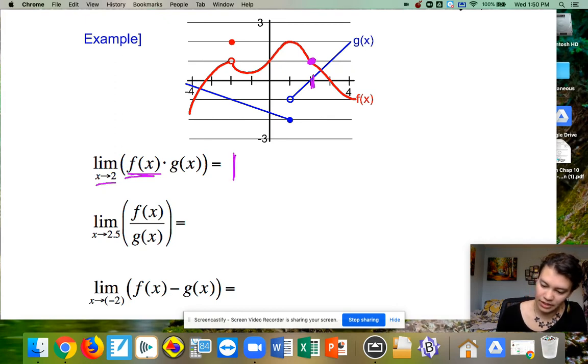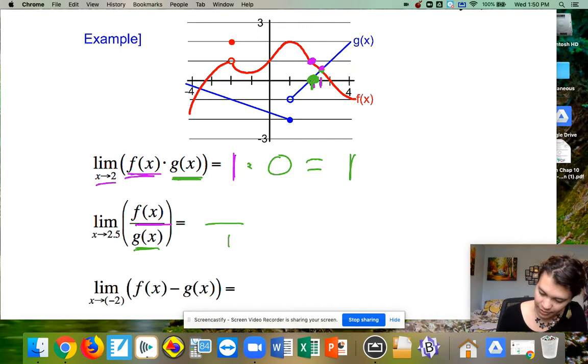And then if we're looking at g of x, in green, still at 2, g of x is blue, which is right here, so times 0, your overall limit together is going to be 1. Then same idea here, if we have g of x at 2.5, so 2.5 is about right here, the red function is at 1, and f of x here at 2.5 is still at about 1, so your limit is 1.